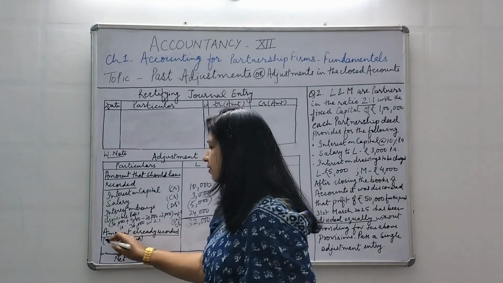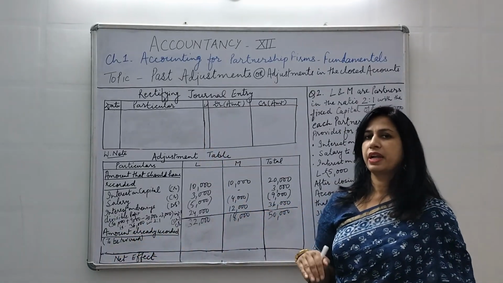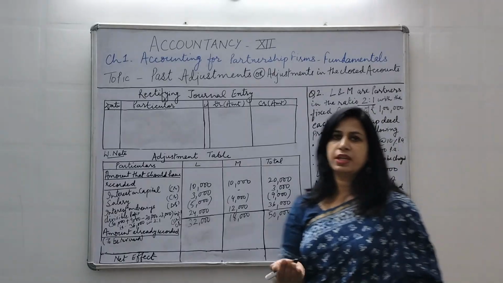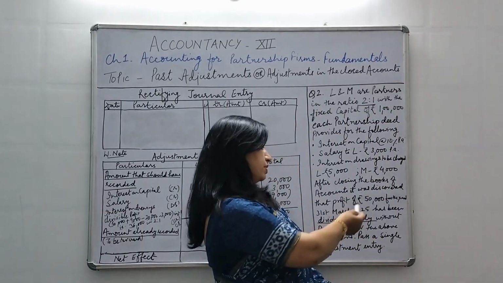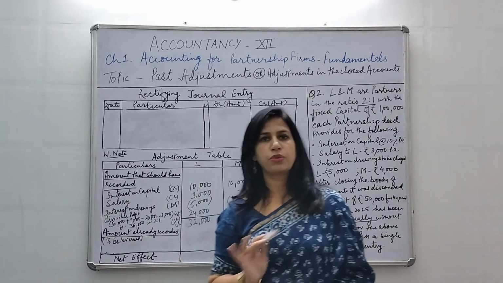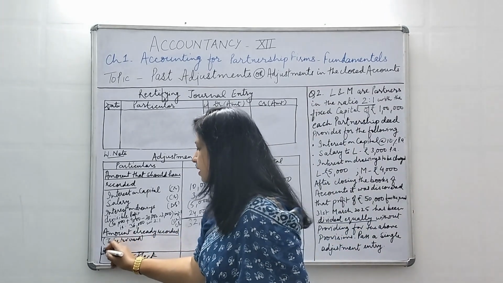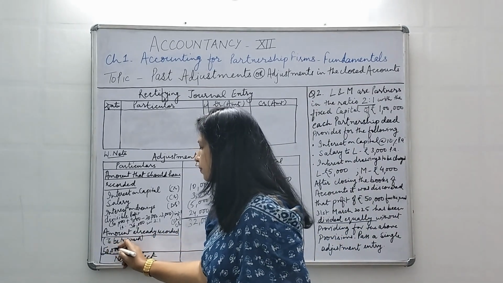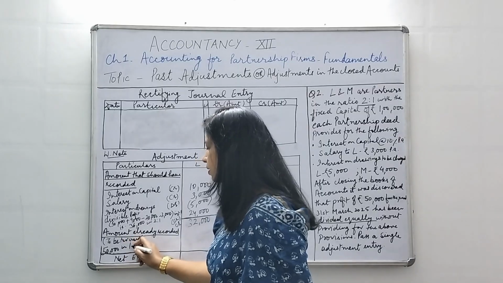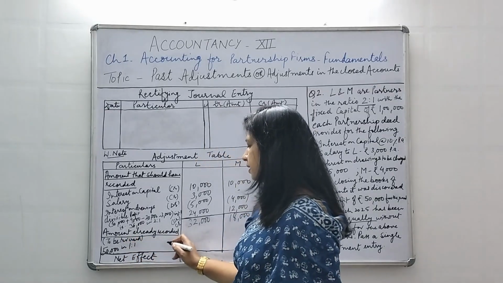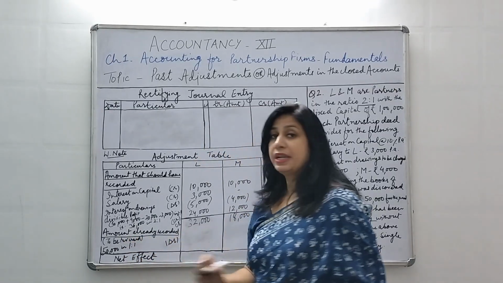So whatever has already been done, now we have to write that. So what has been done, children, actually? That 50,000 has been distributed equally without providing any provision. Fine. So 50,000 in the ratio of 1:1, and we are going to debit it.